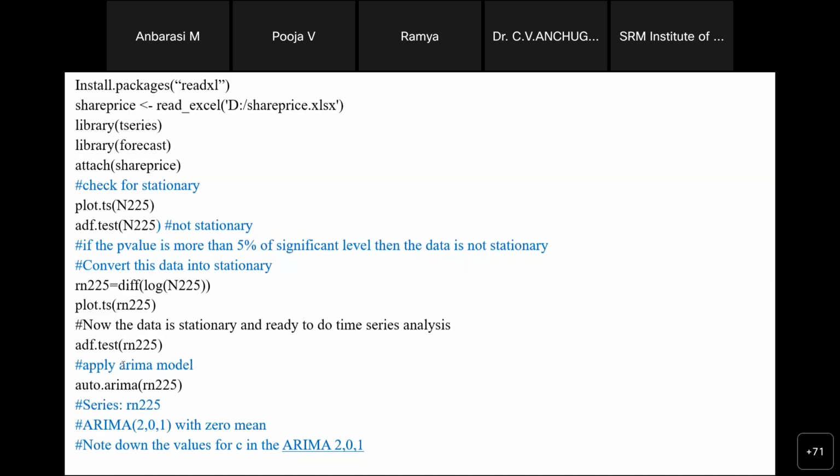All these three values are calculated automatically by using the function auto.arima. Once you have calculated them, we have to create a model.